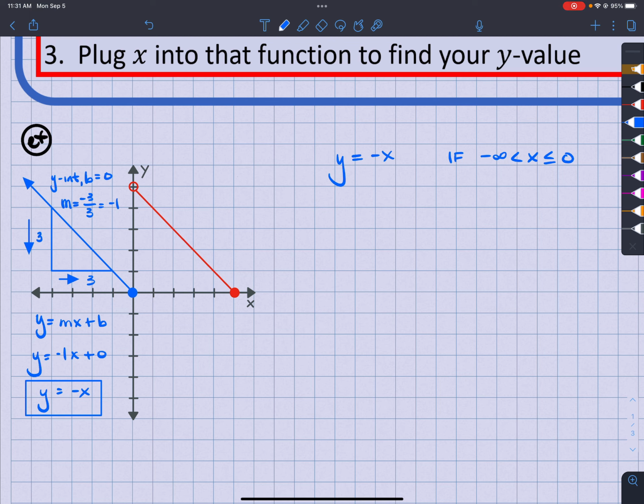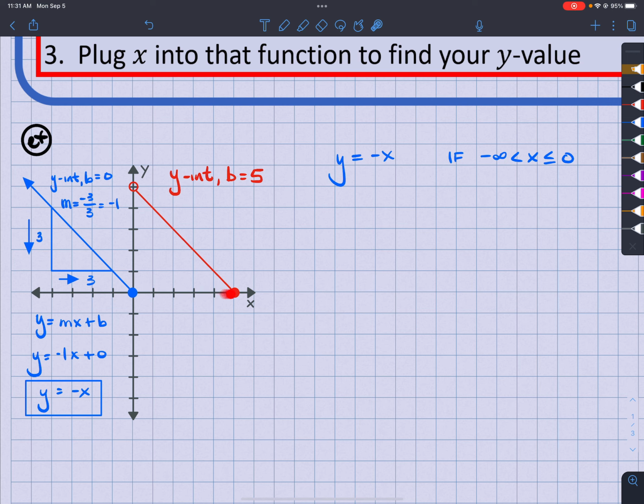Okay, so the red line also gives me a y-intercept, and the b is equal to what? 1, 2, 3, 4, 5. Now, before I go to that, because the first thing we looked at was the interval, let's look at this interval.